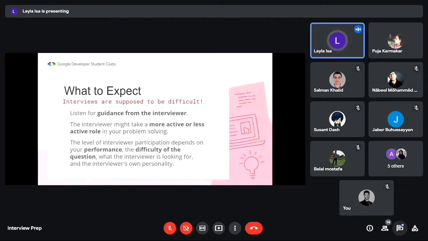The interviewer may take a more active or less active role in your problems. It depends on your problem, if it's difficult or if it's easy, and if he wants to test your personality. So the level of interviewer participation depends on your performance.